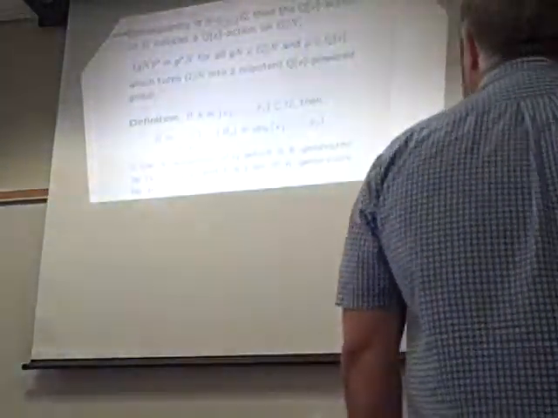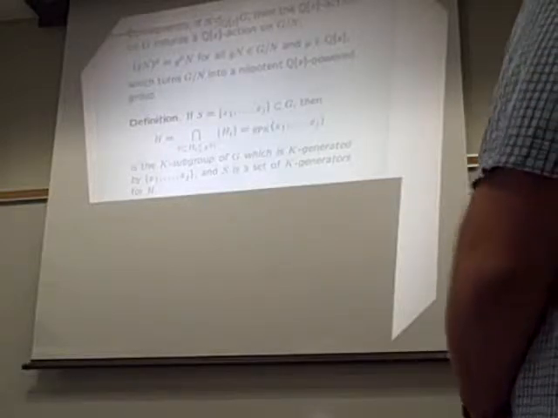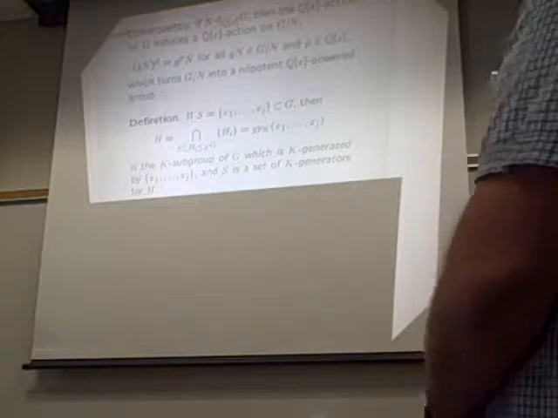Okay, so if I have a set of elements S in a group G, then it turns out that if I take the intersection of all K subgroups containing S, and I form their intersection, what I get is the K subgroup which is generated or K generated by those elements. So this is the usual notion. Notice that here it's possible to have an infinite collection of H sub i's.